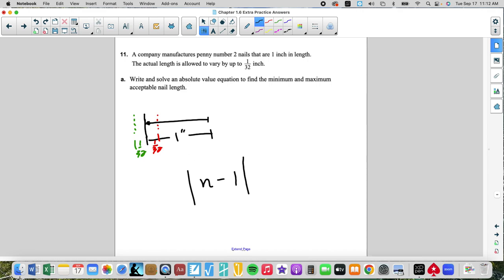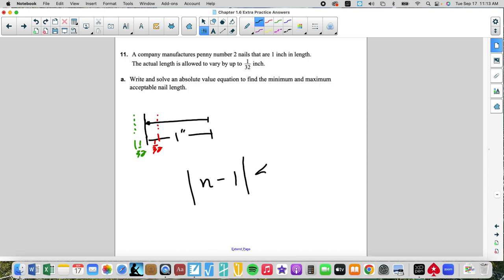There are some students that might say 1 minus n. I don't know if I'm okay. It's interesting. I haven't really thought about why one is better than the other, but we'll see in a second. Now, we say that it has to be in between that. So this distance has to be less than, right?